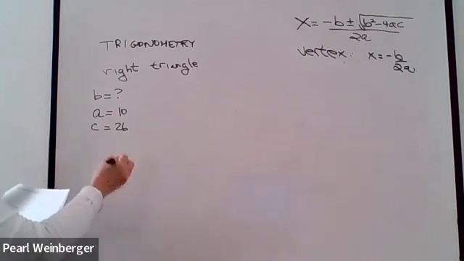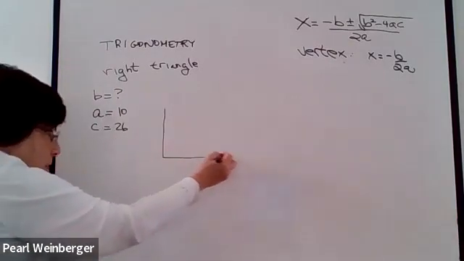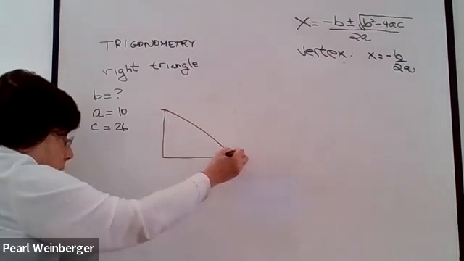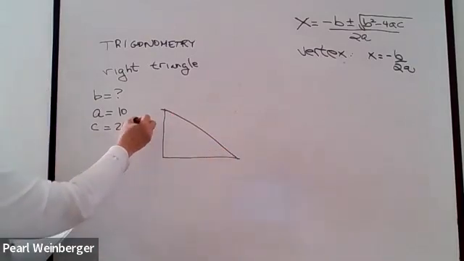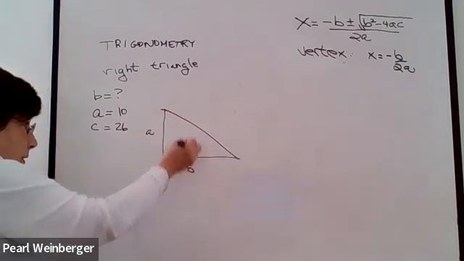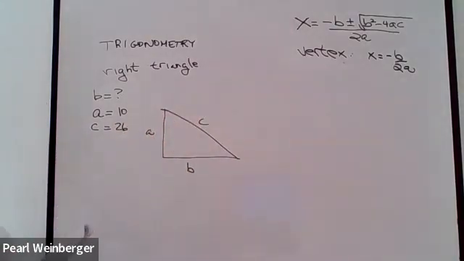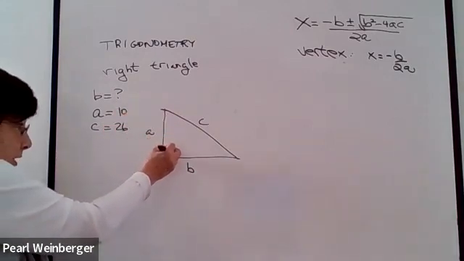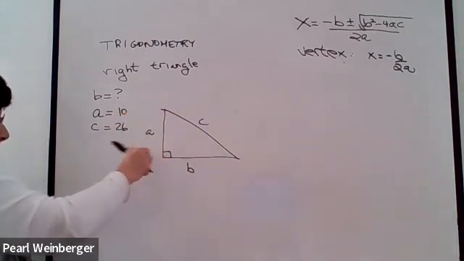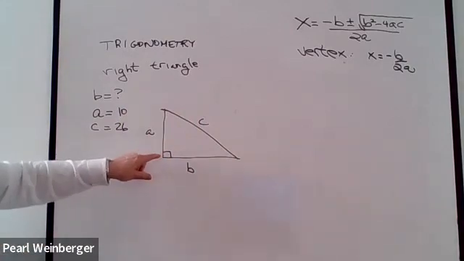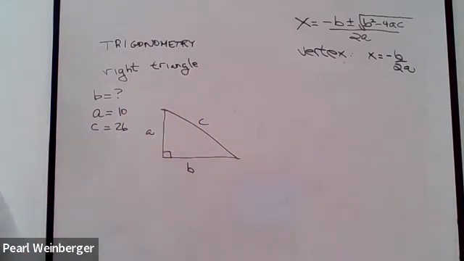And here's the picture they gave us. They labeled the sides A, B, and C. They didn't even put in the capital letters, they just put in the lowercase letters, which are the sides. And they put in this little box in the corner. When you see this little box in a corner, it means that that's the right angle. So they want us to figure out what side B is if we know what side A is and what side C is.